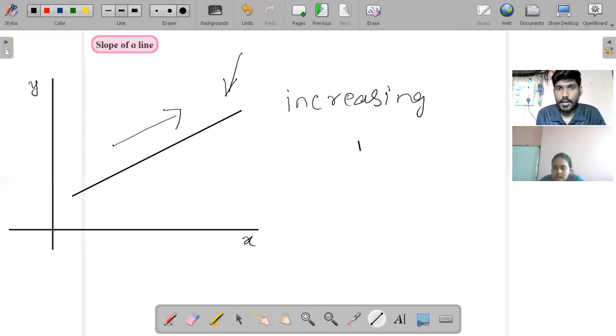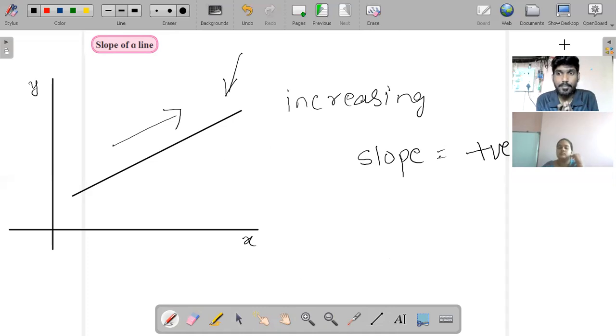That can be found out by the concept called slope. If the slope of the line is positive, any number but positive, that denotes that the line is increasing, or going upwards.